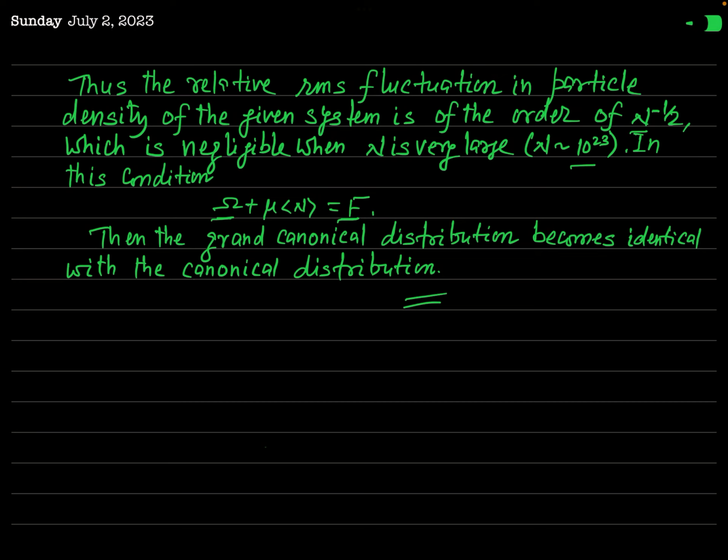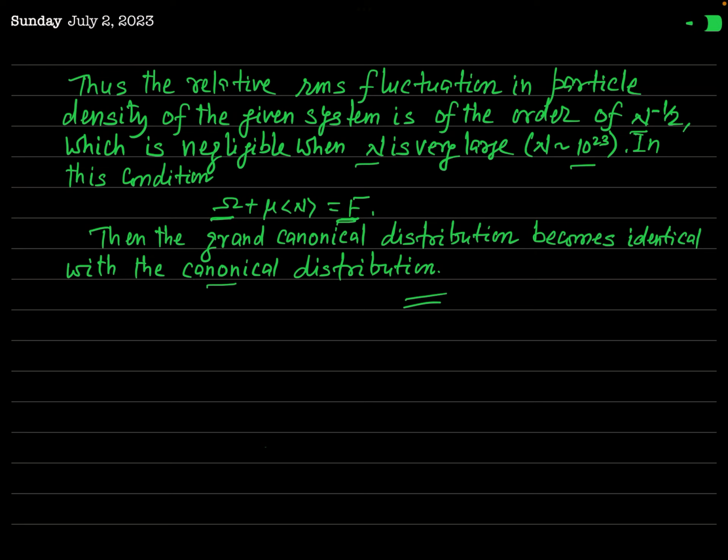But when you consider that n is very large, there will be no difference between the grand canonical potential and the Gibbs free energy. It means omega plus mu n will be almost equal to F, and that's why we say that in this condition the grand canonical distribution becomes identical to the canonical distribution.